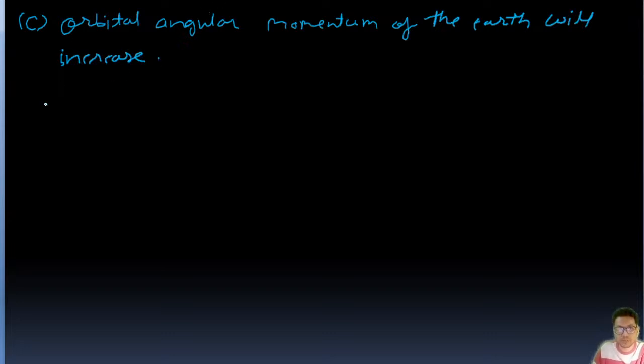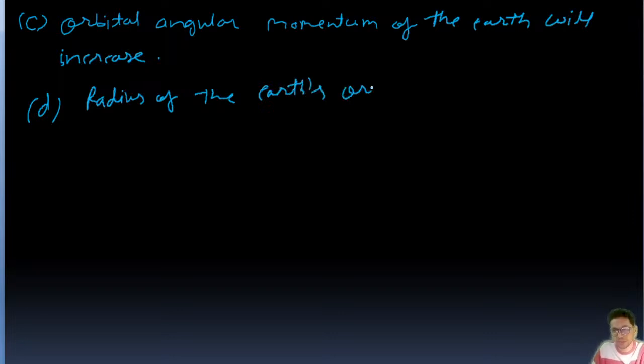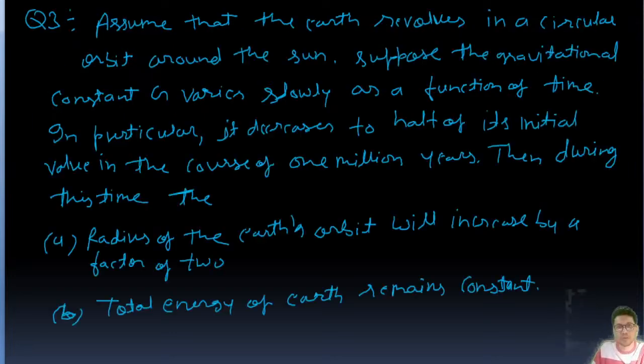Option D is radius of the Earth's orbit remains the same. Okay, so this is the question.